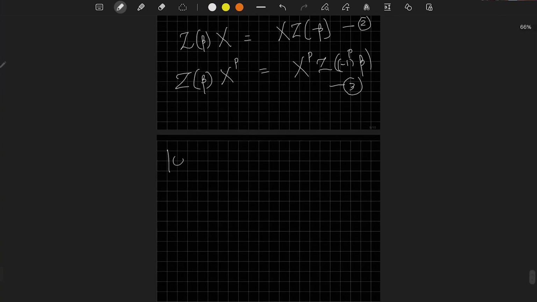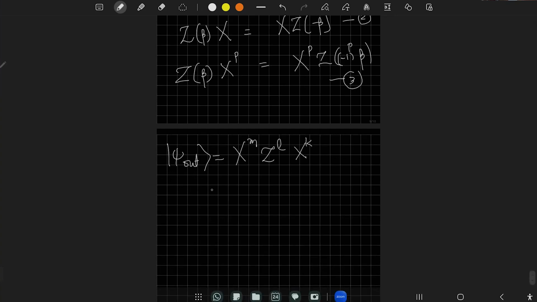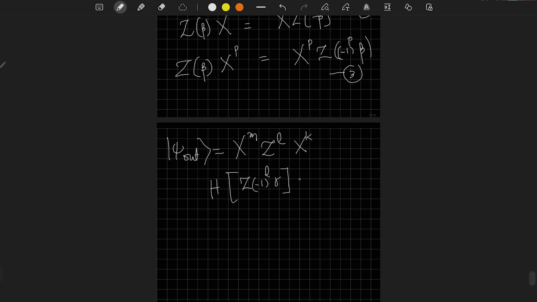Psi out is X^M Z^L X^K H Z^(-1)^L gamma H Z^(-1)^K beta H Z alpha.